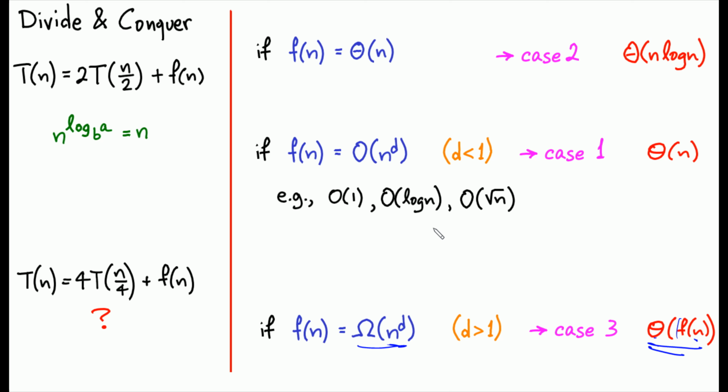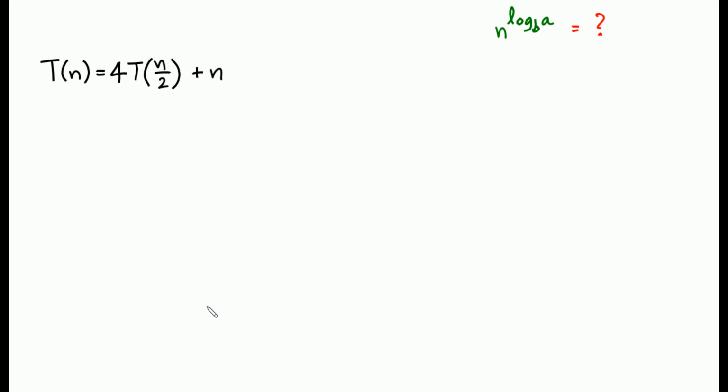Another example. For this example, same applies because n to the log base b of a, b is 4, a is 4, you will have n for number of leaves. And same condition applies, right? It doesn't matter how many branches you have here, because master method tells you that number of leaves are going to be n. How about this one? Because it's a little bit different.